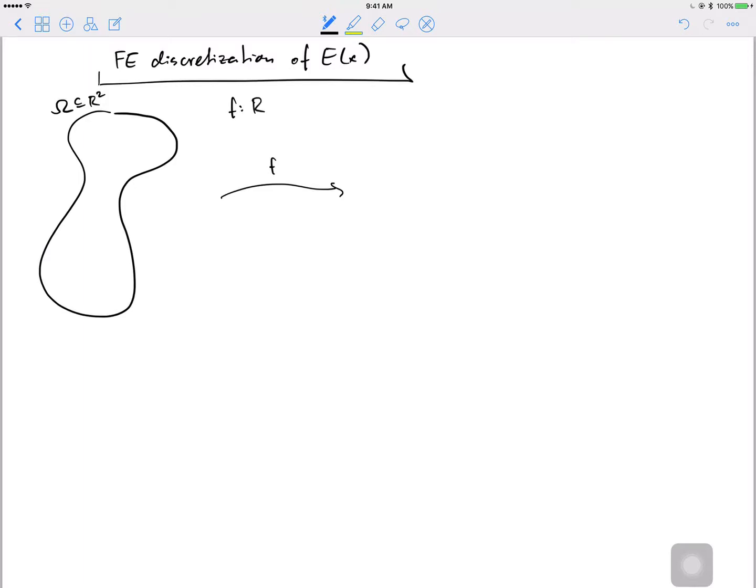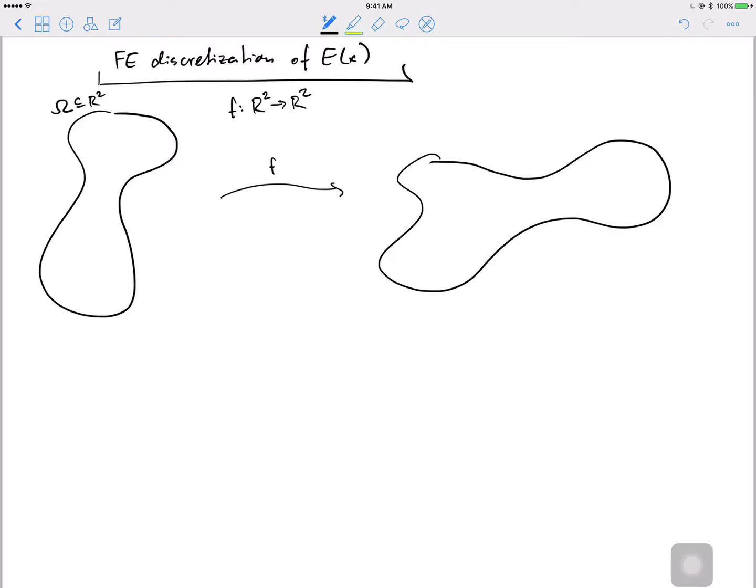In this case, it would be deformed from R2 to R2. It could also be from R3 to R3. And this function maps the omega domain into some deformed thing, so this is going to be some f of omega. This is the image of the set omega under the function f.